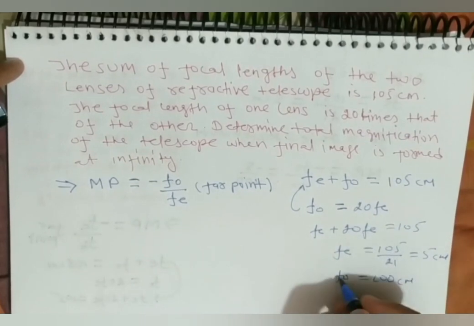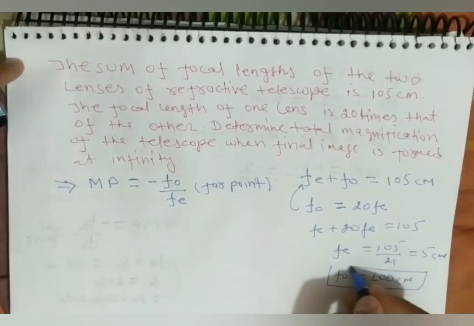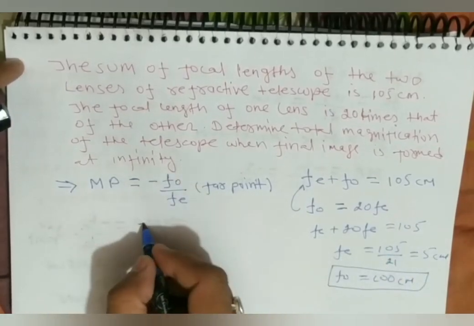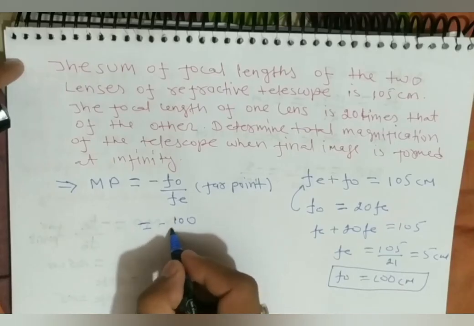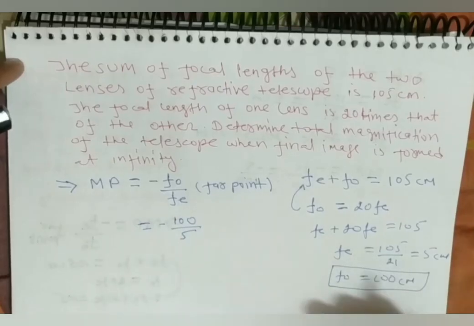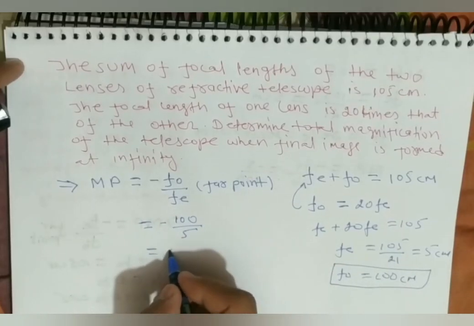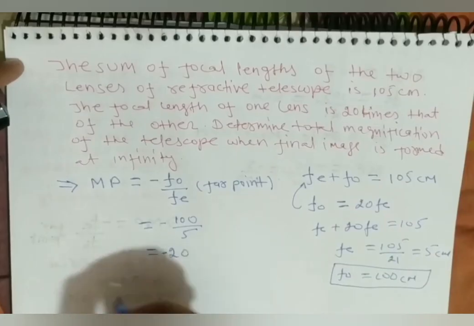So f naught is 100 centimeter and FE is 5 centimeter. Putting the values, minus 100 upon 5, the magnification will be 20.